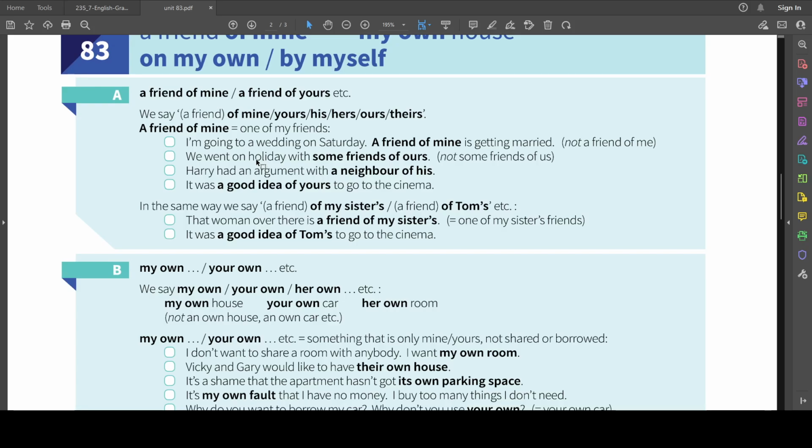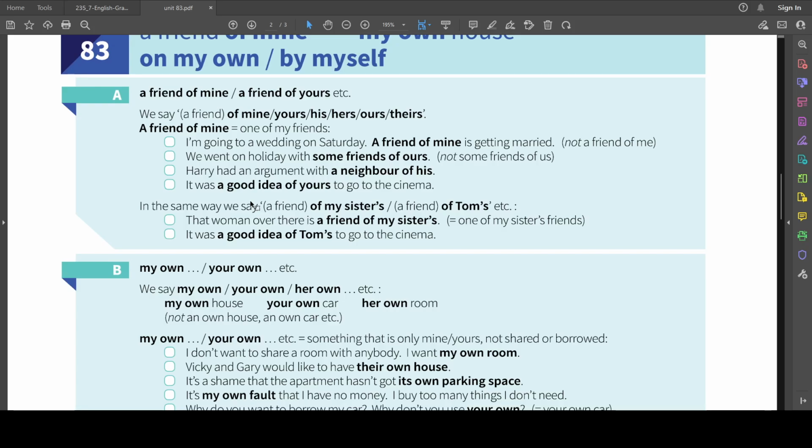The next one: we went on holiday with some friends of ours. Check it out. We went on holiday with some friends of ours, not some friends of us. The next one: Harry had an argument with a neighbor of his. Harry had an argument with a neighbor of his.